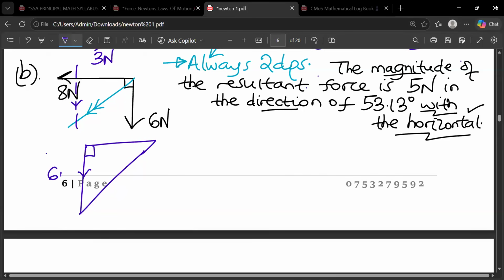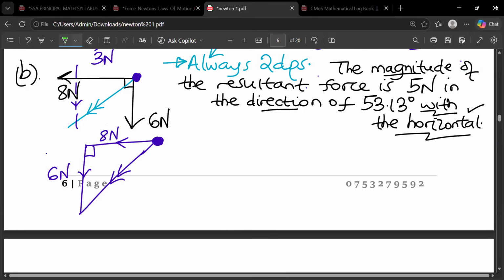Then have here the 6, then have here your 8 newtons. Have it in mind the particle was here, so also maintain the particle here. Hope people have maintained the particle throughout. Then your direction of the resultant force, because it should also be acting on the what? On the particle. That's where it is. Then you choose any angle that you want. But remember, this one is the vertical, this one is the horizontal. So if you go with the vertical, it is okay. If you go with the horizontal, it's also okay.